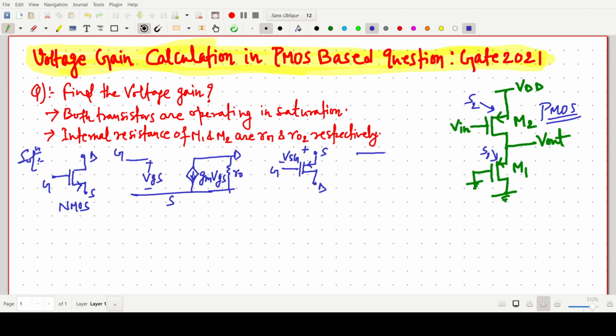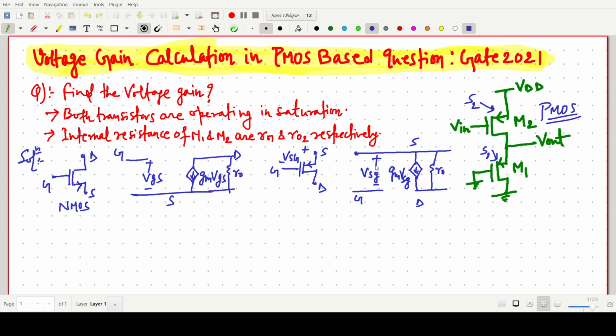In this case we have to make this the source, with gate and drain, and this will be gm VSG and R0, and this voltage is simply VSG.